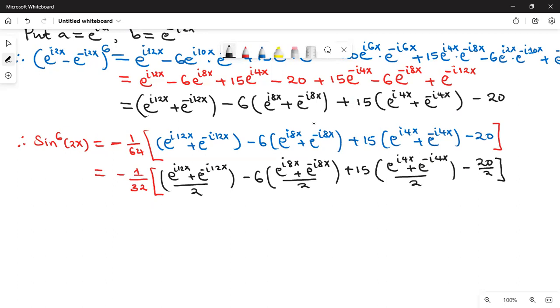See, I've taken the 2 inside so that we have 32 times 2, which is 64.